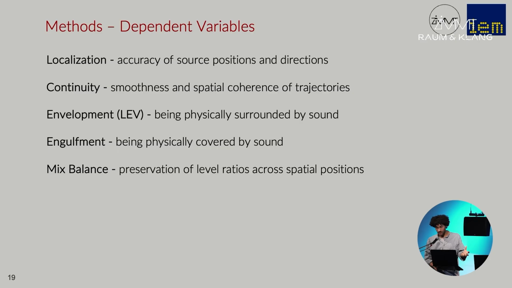The listening envelopment, which means the sense of being physically surrounded by sound. And the listening engulfment, which describes the sense of being physically covered by sound. And last was the mix balance, which basically describes a preservation of the level ratios between different positions.